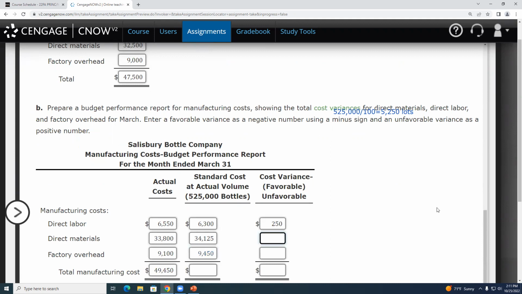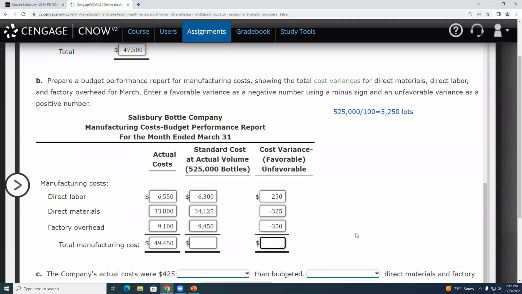Then for each one of these lines, actual costs minus standard costs at actual volume. When we have our negatives and positives correctly positioned here, we can then just net the column together.